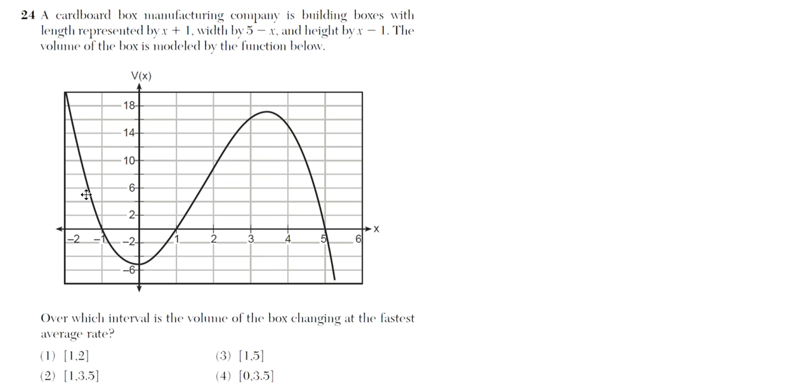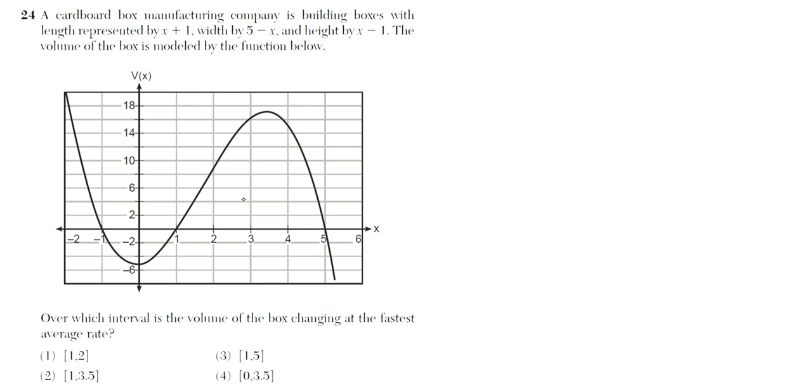Alright, let's take a look at question 24. It says a cardboard manufacturing company is building boxes with lengths represented by x plus 1, width by 5 minus x and height by x minus 1. The volume of the box is modeled by the function below. So we have this cubic function right here representing the function when you find the product of these three functions.